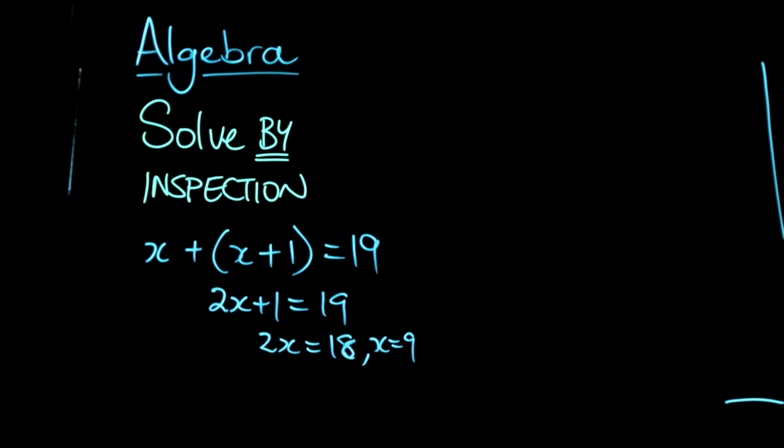Okay, so when I come back to my original equation, I've got 9 plus, I'm doing this bit in the brackets here. I was pointing at it, but I realized that you guys can't see that. This value is 9 plus 1, well that's 10, and that's equal to 19. So it all checks out and it all works.